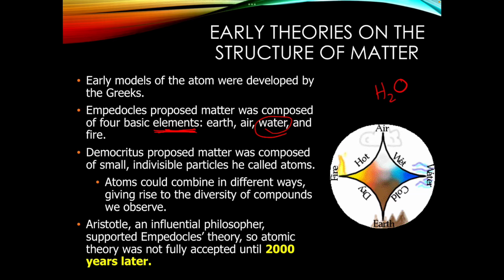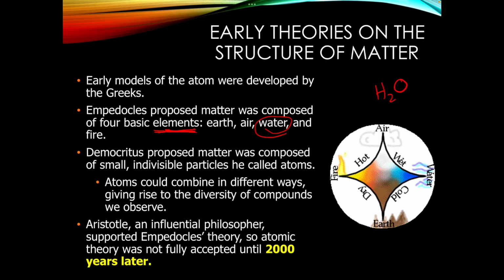So Democritus proposed that matter was composed of small, indivisible particles that he called atoms. Essentially Democritus said, all right, let's say we take a piece of paper and we tear it in half. And then we tear it in half again, and we keep tearing up this piece of paper. Eventually, we would get to a point where we couldn't tear it up anymore.